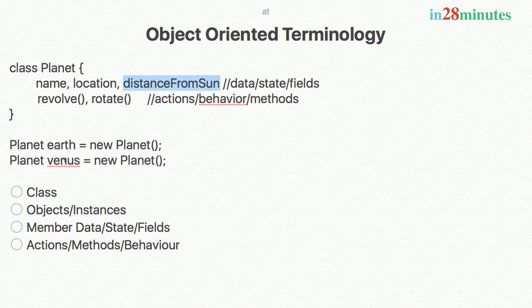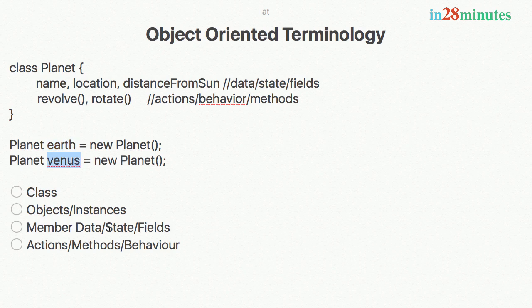If you are aware of the solar system, then you would know that the distance of Venus from sun is less than that of the Earth from the sun. So the distance from sun for Venus would have a different value compared to the distance from sun for Earth. So a class is a template, an object is an instance of that template, Earth, Venus.